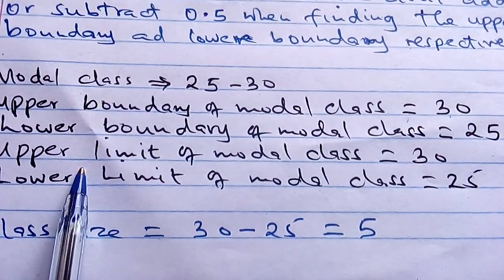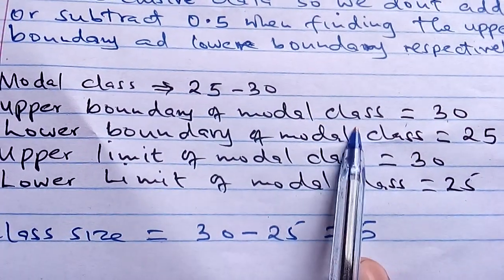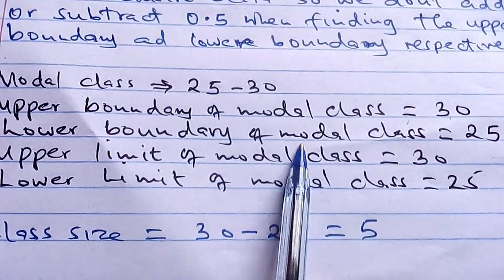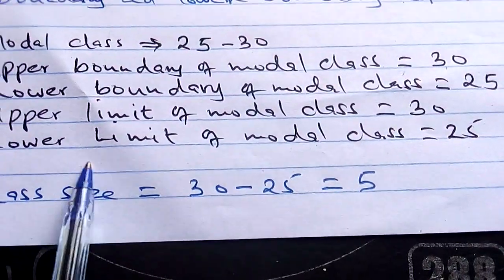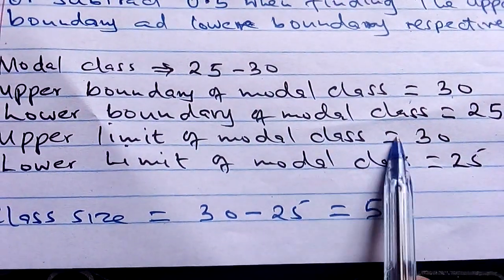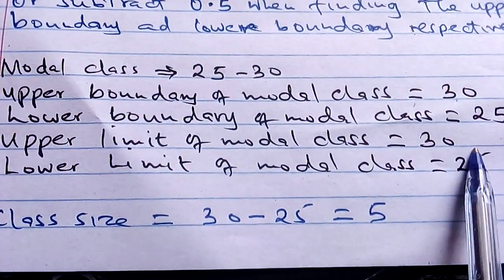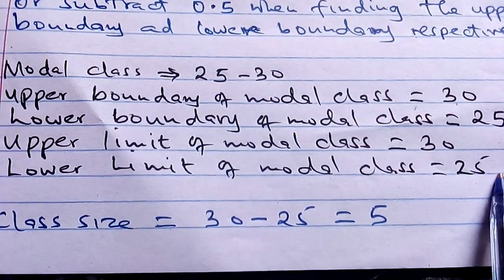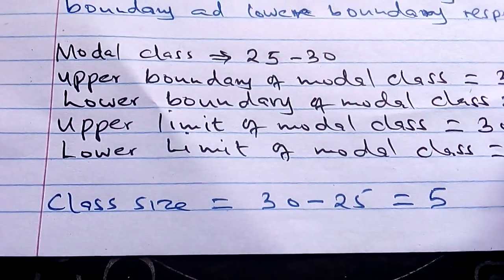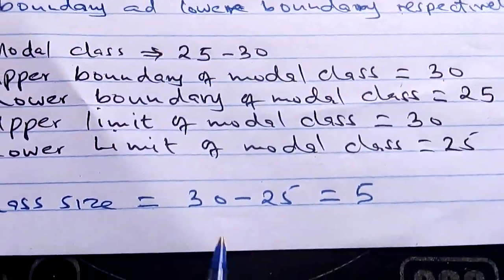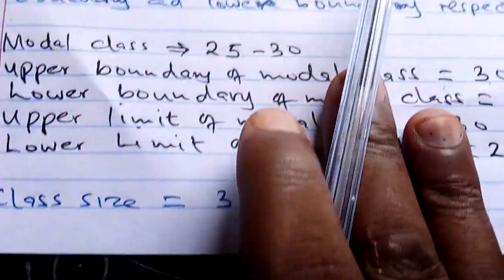Then in this data here, this is where the limits are the same as the boundaries. As you can see, the upper limit is also 30. The lower limit is also 25. Then the class size is upper boundary minus lower boundary, so 30 minus 25, 5.